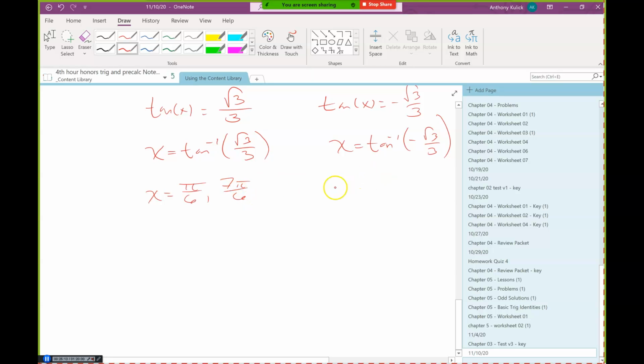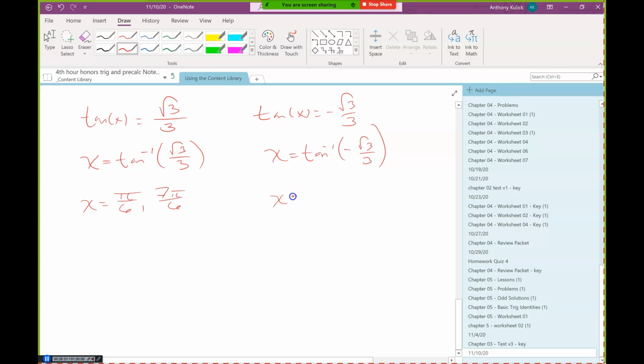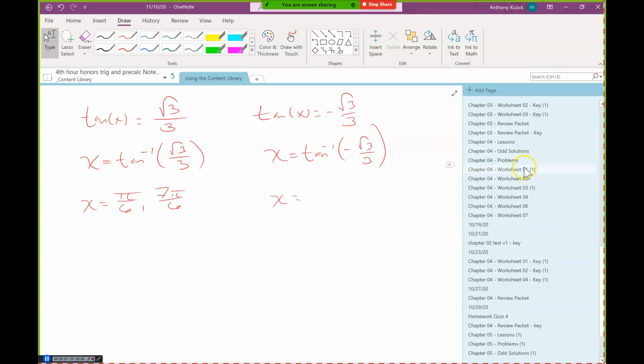And then over here, we need to worry about if they could be negative, right?